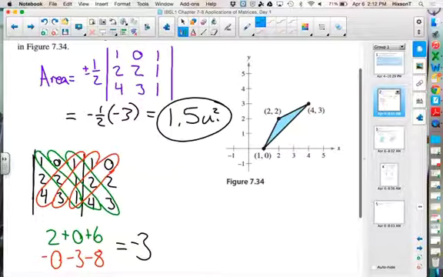You just pick whichever one will make it positive. Does everyone understand what we've done there? Find the determinant, it's a half of that, you get your area.